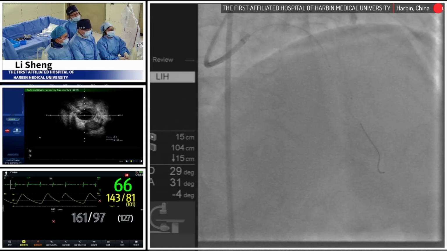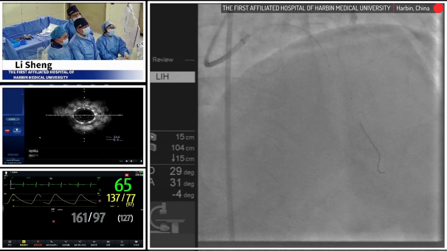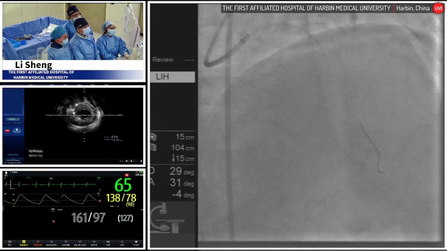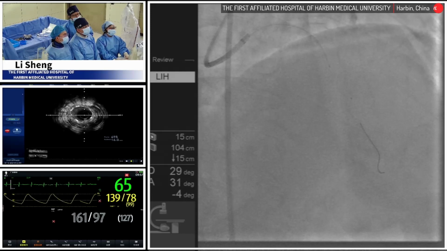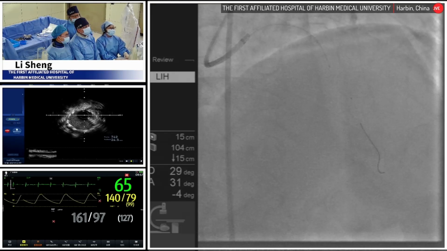And if we do the left main PCI first, of course I will choose mechanical circulation support. Even I think if we do the left main PCI first, IABP is not enough. Maybe Impella or ECMO. You're right. So let's see the IVUS image.